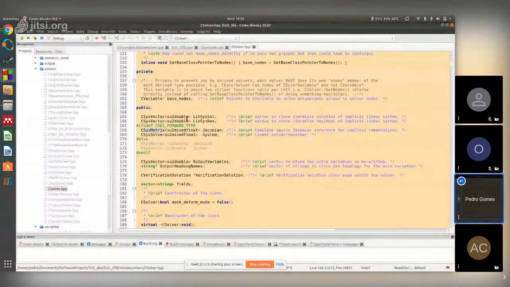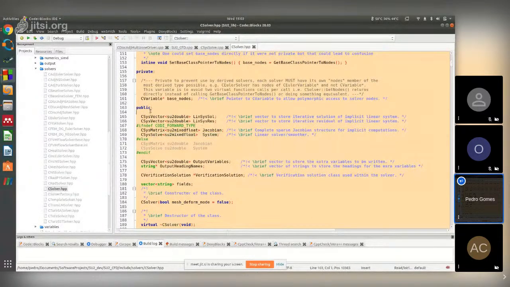Okay, so the way this is done is that you have the linear system vectors, the solution and the residual, and then you have the Jacobian matrix, and you have the linear solver itself. Okay. Yes.